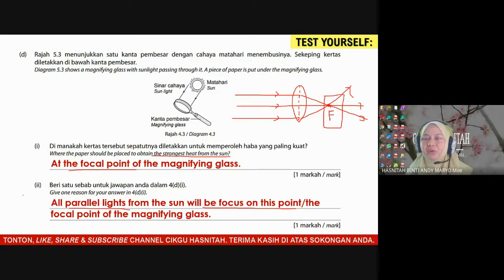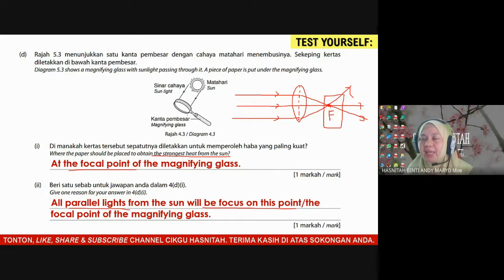How to know the focal point? You can measure, or you can adjust the position of your paper until the light is concentrated at one spot, so you can hold it there. It is a trial and error thing. Or else you can do the activity conducted earlier in activity 1. You can use this magnifying glass and place it toward a distant object to determine the focal length.